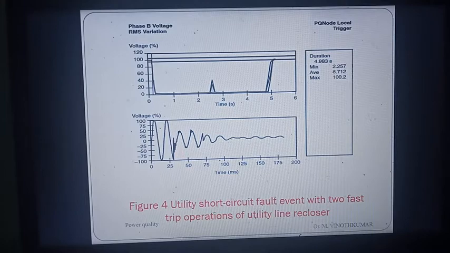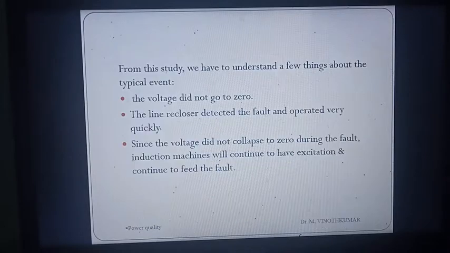What we have to understand is that if a fault occurs on the utility system, the breaker will immediately take care of the problem, even though it will not be completely restored in the first operation. So the recloser operation will take place in the second stage also. From the study we have to understand a few things about the typical event.